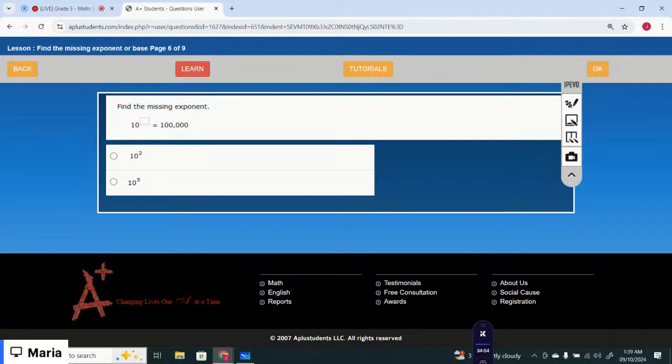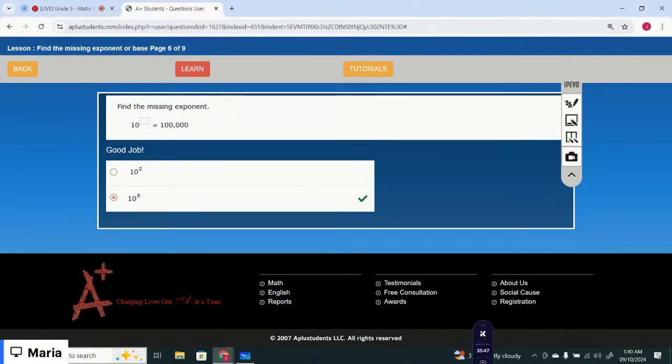The next one is find the missing exponent. So which is the correct option? The correct option is 10 exponent 5.